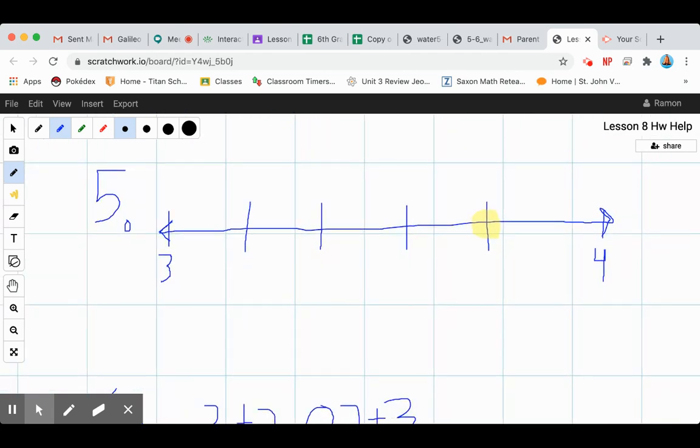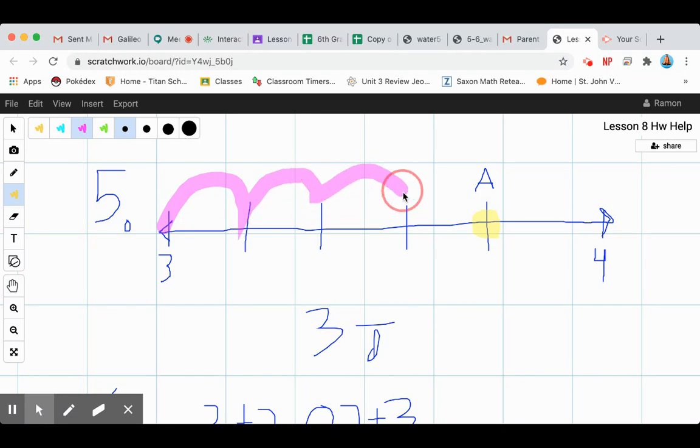For number 5, we want to write down the mixed number represented by this point A on the line. So we know that it's going to be between 3 and 4, which means that the whole number should be 3. And then again, your denominator is the amount of spaces that you have, or fractional parts that make a whole, from 3 all the way to 4.